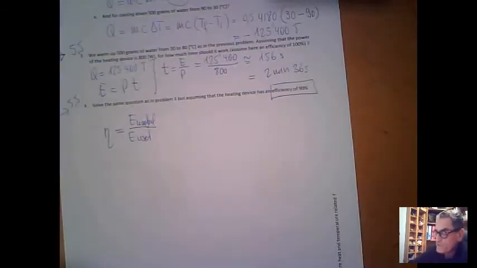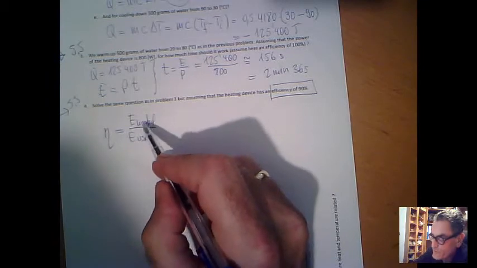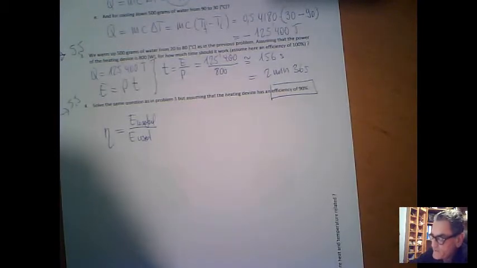And which one do we need now? Which one do we know? Do we know the useful energy or do we know the used energy? What is fixed? What would you say?